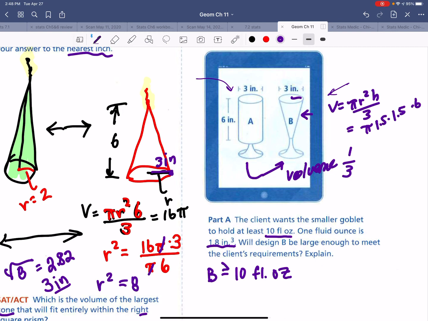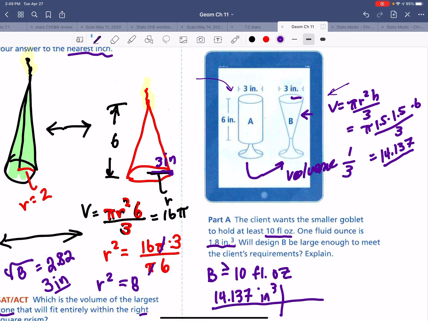And our height is 6, and we divide by 3. So I get 14.137 inches cubed.